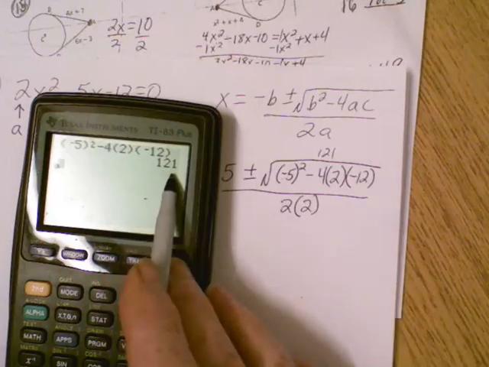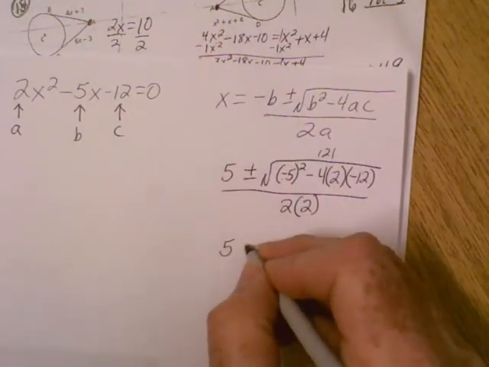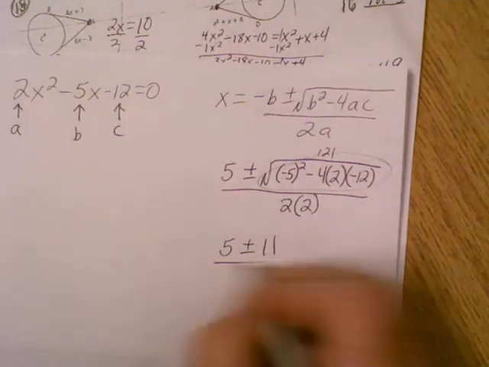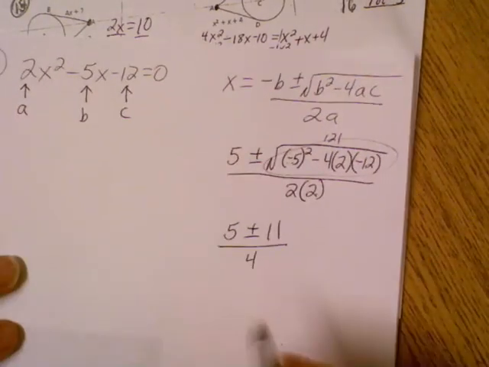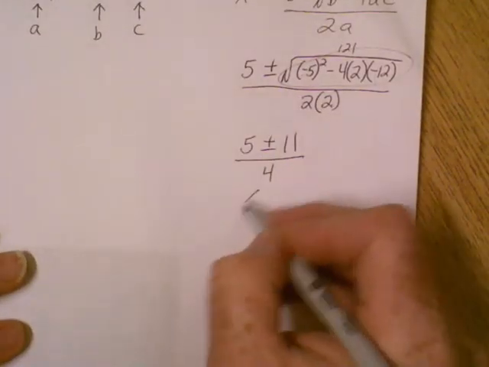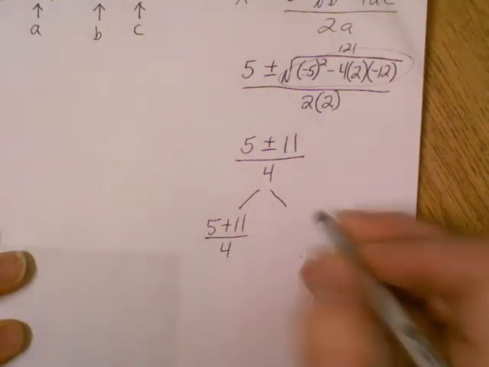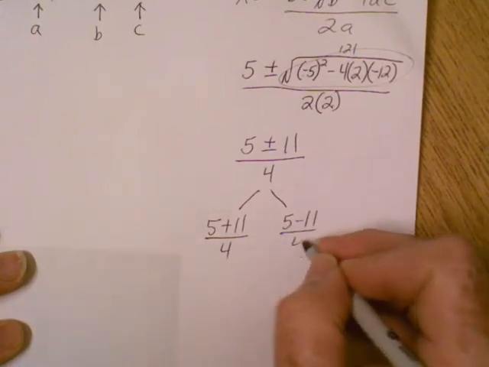And the square root of 121 is 11. So it ends up being 5 plus or minus 11, divided by 2 times 2, which is 4. Now I'm going to split it up: 5 plus 11 divided by 4, and 5 minus 11 divided by 4.